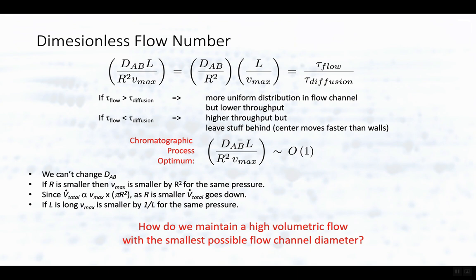Well, let's do a little thought experiment. What if we have one capillary or one pipe that has a small r and a long L, and V max is fine, and we've optimized it to order 1 for that term with the diffusivity we've got? That's kind of the perfect optimum position.